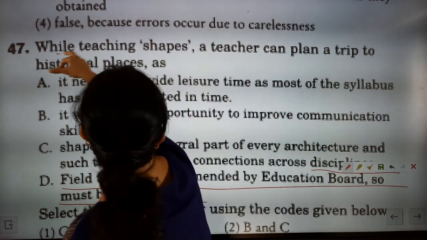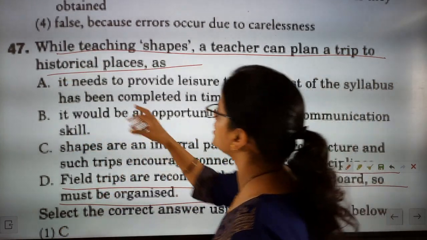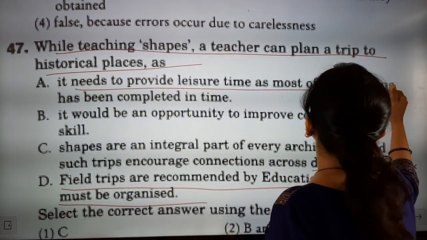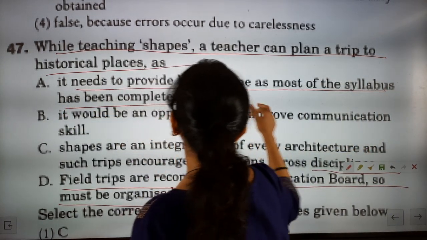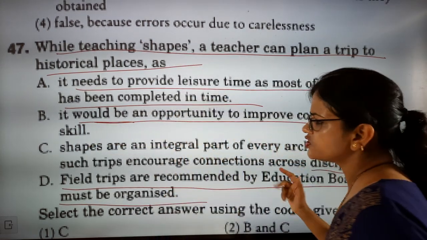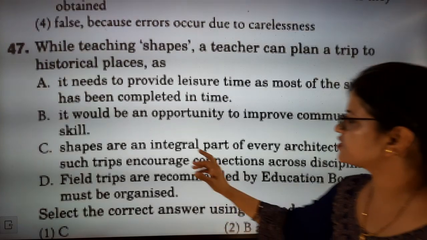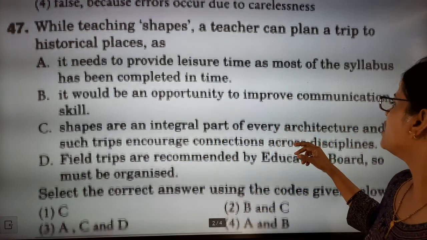Okay, while teaching shapes, a teacher can plan a trip to historical places. It needs to be provided leisure time, as most of the syllabus has been completed in time. So it would be an opportunity. So which one do you think is the most important part? So 100% shapes are an integral part of every architecture.